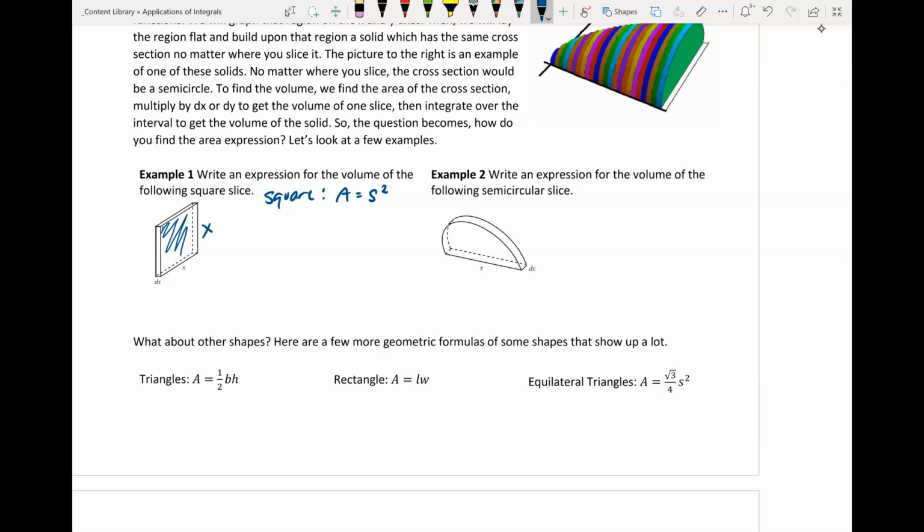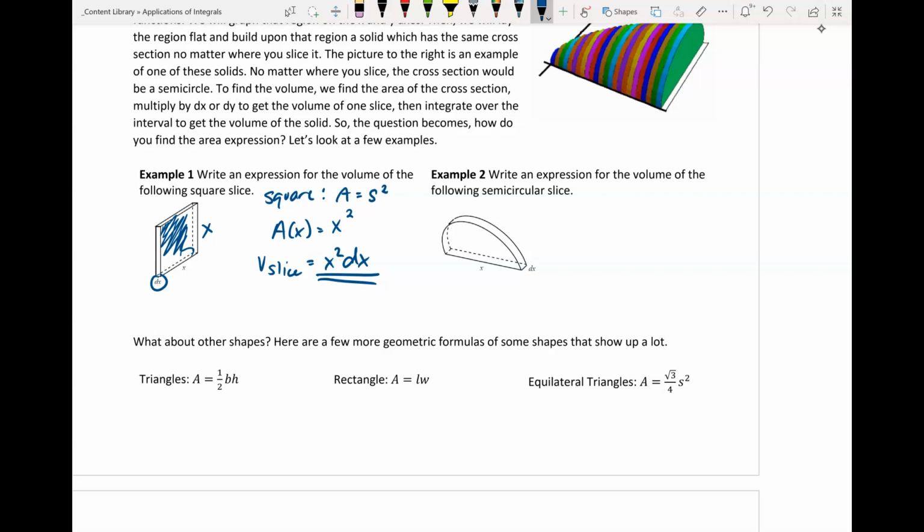So the area of this slice's face is x squared. But if I want to find the volume, I'm going to multiply it by its width as well, which is dx. And this is what we would use for our cross-section method to find the volume of the entire shape over some interval.